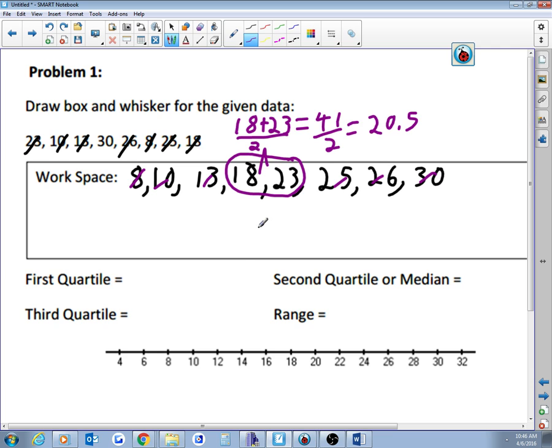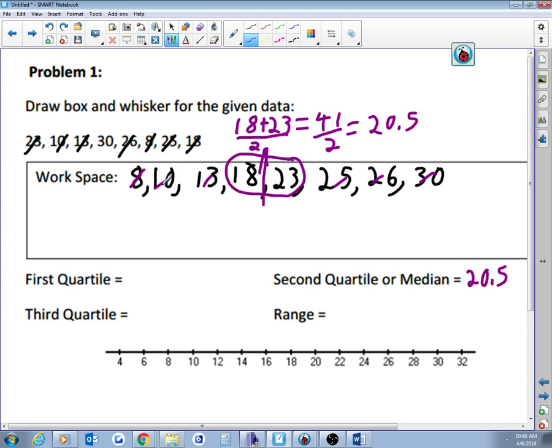So our median is going to be 20.5. So that's what we call our second quartile, or median, is 20.5.